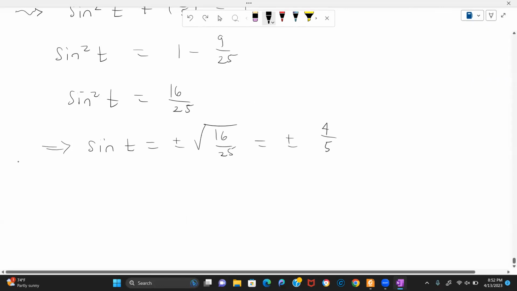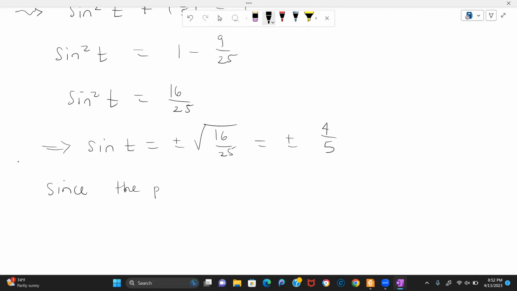So now you might wonder, well, which one is it? Is it plus or minus? Well, since the point is in the fourth quadrant, sine of t needs to be negative, right?